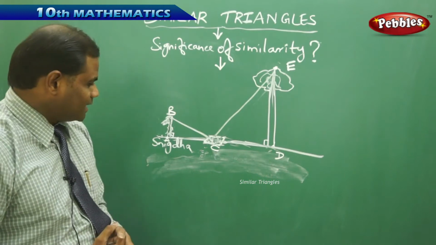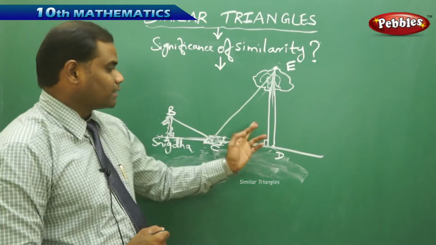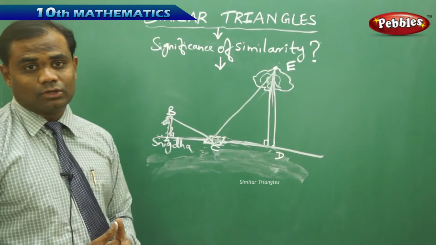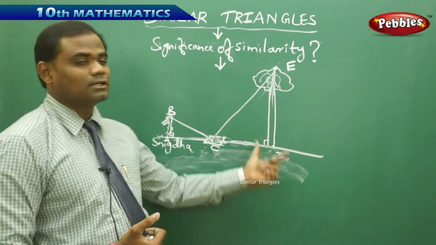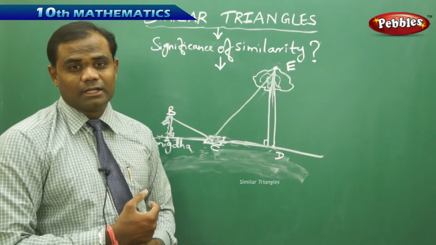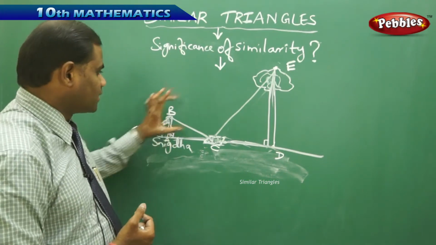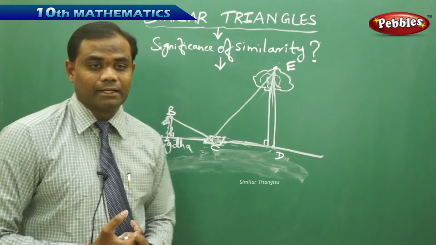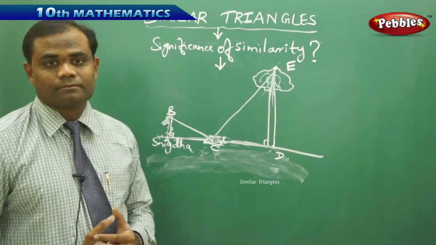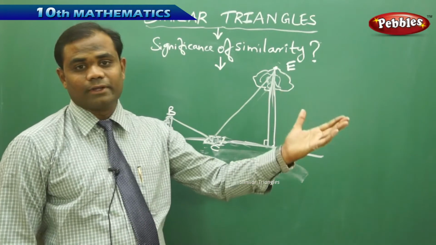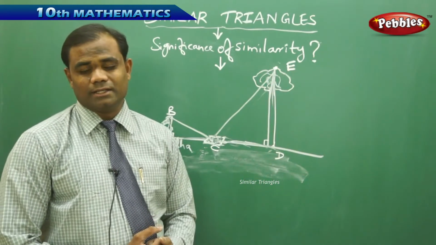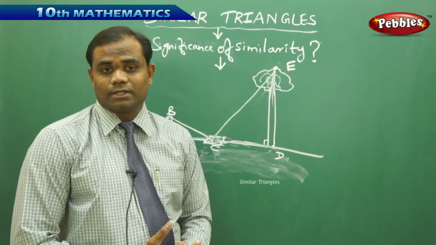Now here I can easily identify that these two triangles are similar. Though they are of different sizes, we understand that they are similar. Because they are similar, we can find the height of the tree indirectly using the height of the girl. The height of the girl can easily be measured with a tape, but the height of a tree which is so tall is not that easy to measure with a tape.